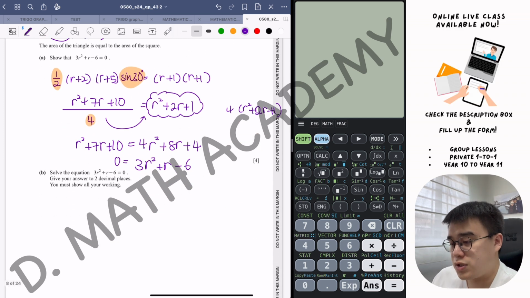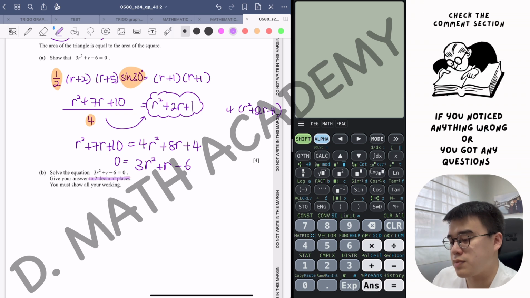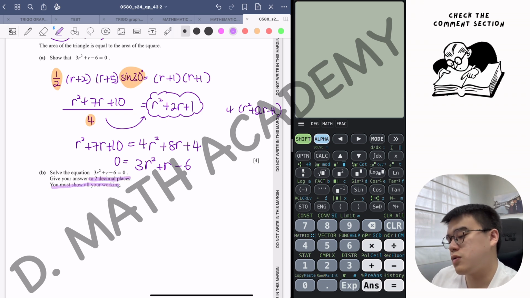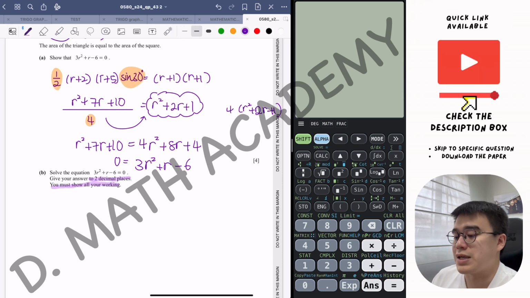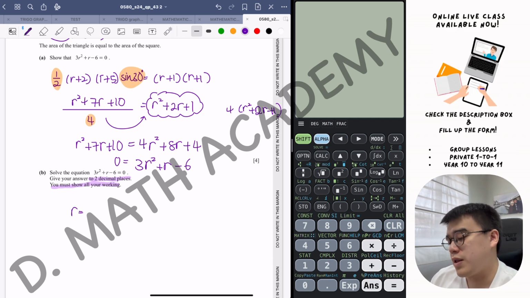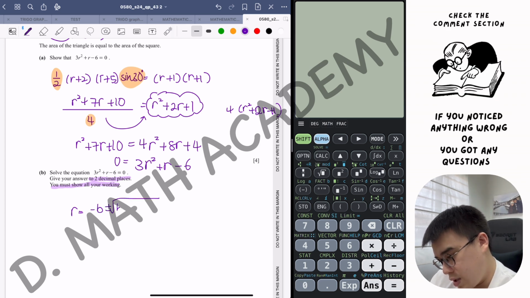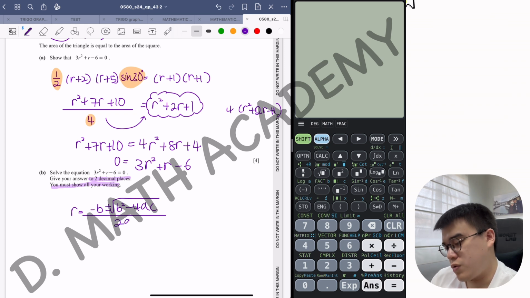To solve this, I saw the term 2 decimal places, and you have to show all your working. This is an indicator that you're supposed to use the quadratic formula. The r value is negative b plus or minus the square root of b squared minus 4ac, over 2a.